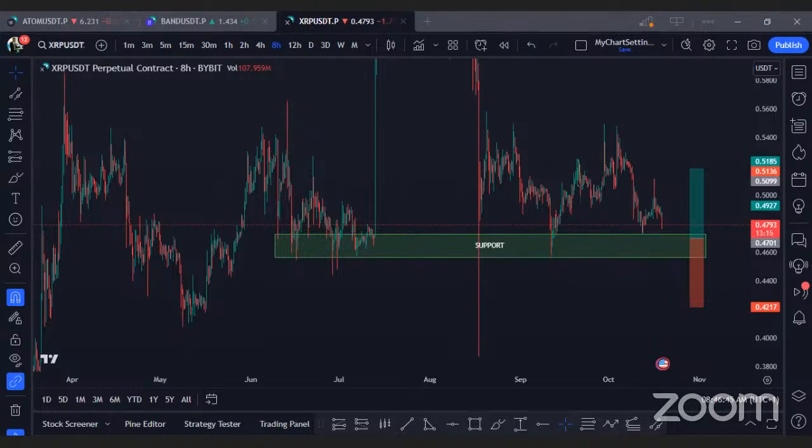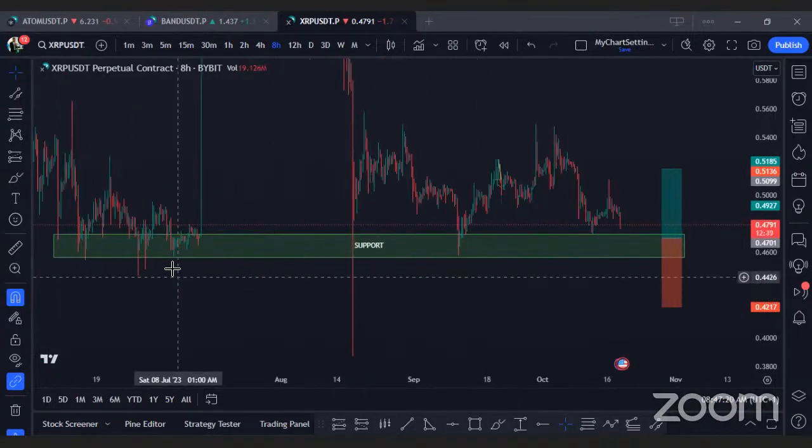So do a long for XRP at 47 cents. Liquidation will be at 42, so that will give you a lot of room to DCA down to this 44 level.